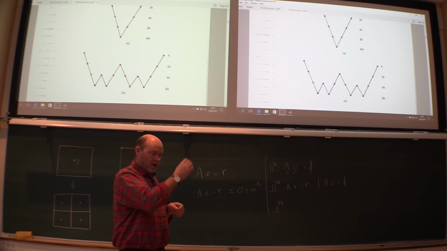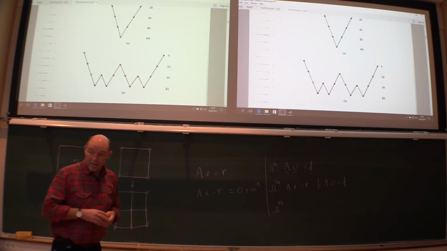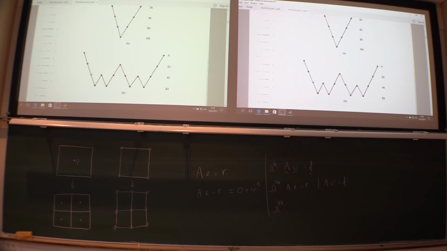Should I go to finer mesh? Maybe I should skip one mesh level and jump directly from 4H to 16H, something like that should also be possible. And yes, it's possible to find the optimum road, you might say, through these different mesh systems.